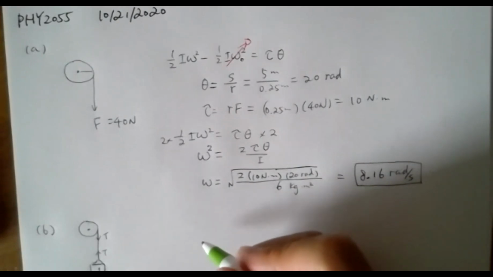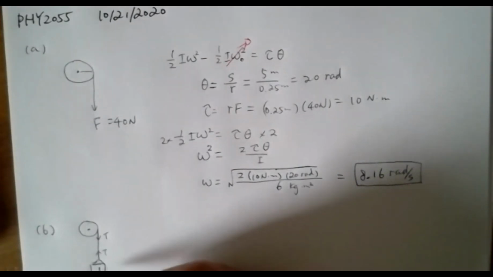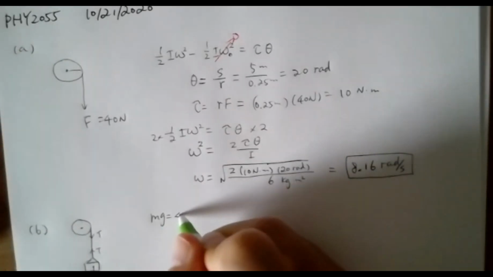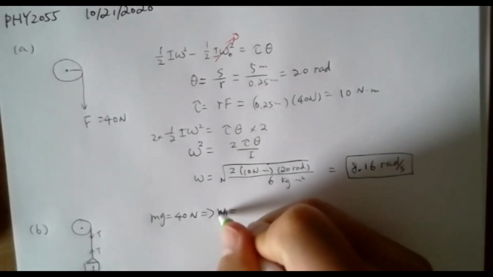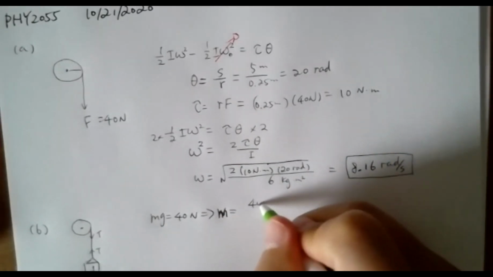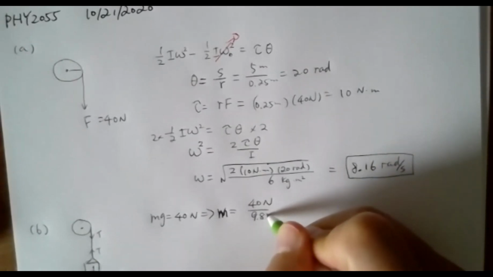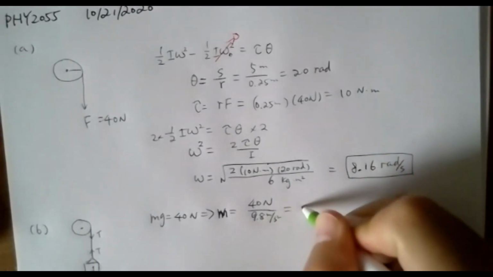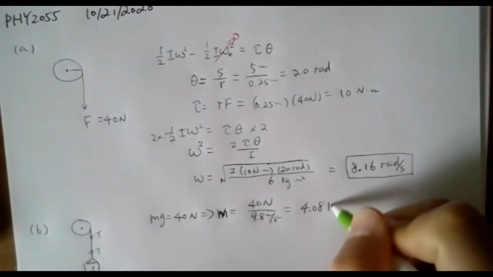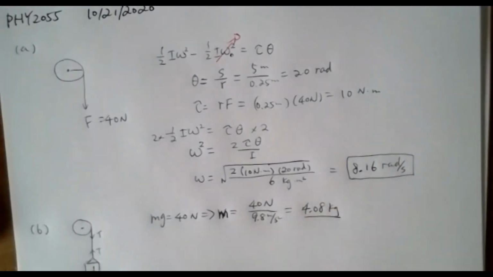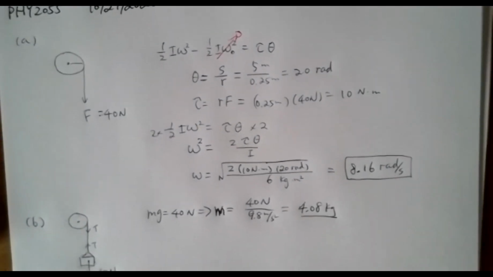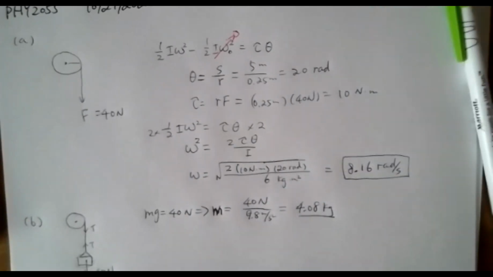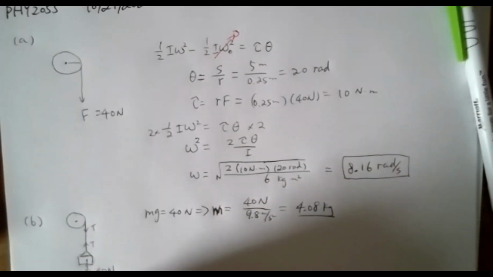So you can apply conservation of energy, but in this case, mg is equal to 40 newtons. So you can calculate what the m is first. The mass of the weight will be 40 newtons divided by 9.8 meters per second squared, which gives you your mass in kilograms: 4.08 kilograms. Now, this is the initial, and then for the final, this one dropped 5 meters.